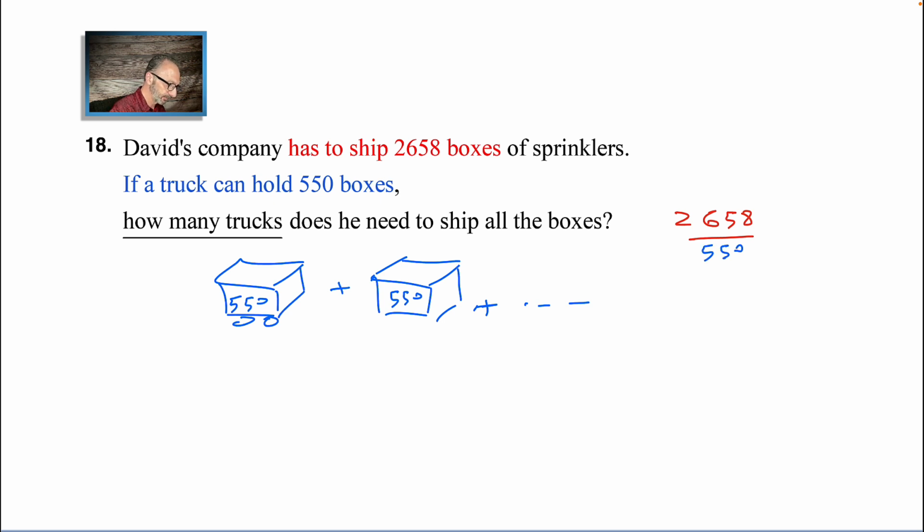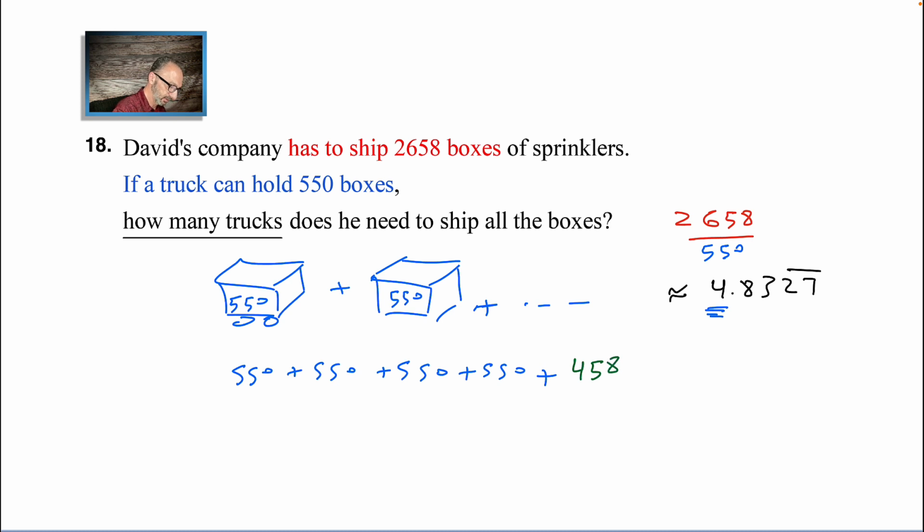And if you do the math, that is going to end up 4.8327 and 27 repeating. So if I keep adding 550 and 550 and 550 and 550, 4 times, that's not going to give me a total of 2,658. We need the extra ones to go in another one. Let me show you what I mean. So 550 plus 550 plus 550 plus 550, that's this 4 right here. Plus the extra ones will be 458.